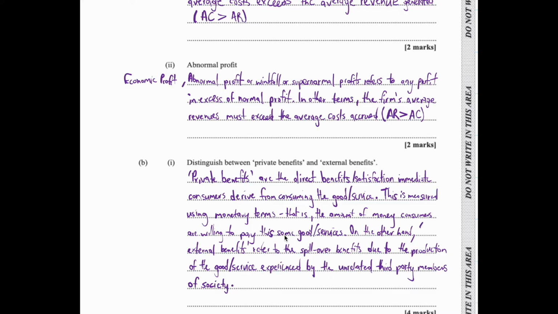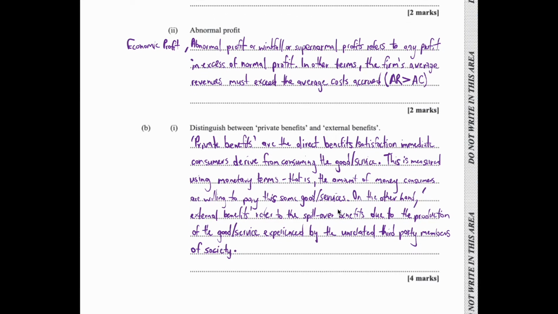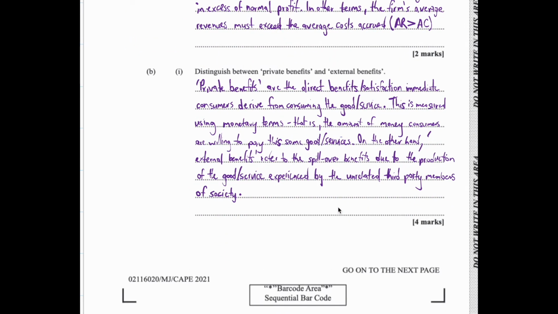When you go home, you play the music and you are satisfied from that. But if the music is loud enough, for example, somebody walks past your house, and the music is nice music that everybody likes, that is the external benefit, that spillover benefit due to the production of that good or service to unrelated third parties. Weird example, but that's how you can distinguish between private and external benefits.